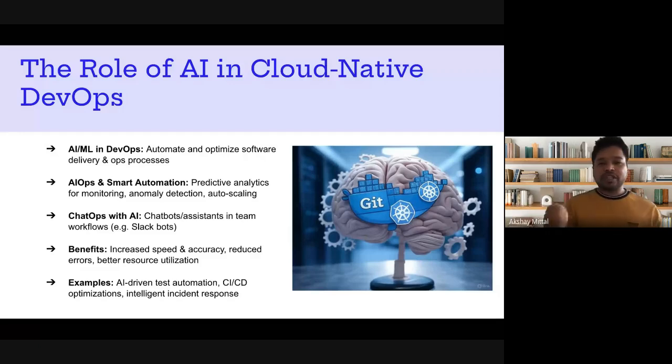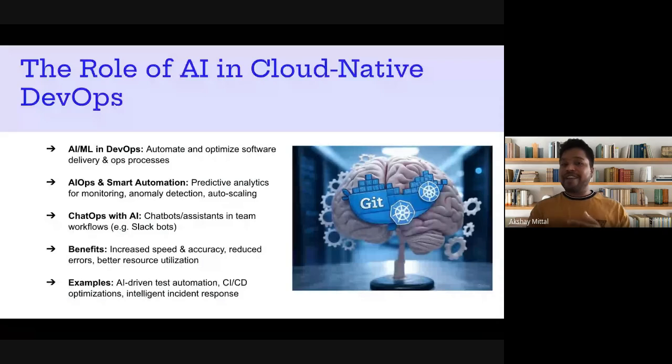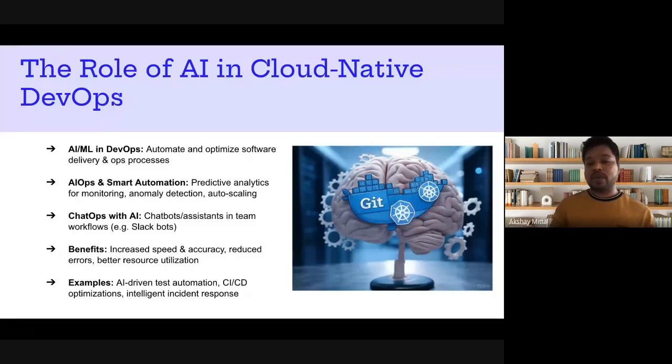If your feature is not even touching that test, you don't need to run it. So we can have AI-driven test automation: instead of running the whole test suite, you only run the tests which make sense for the change you made. That will save a lot of time in the CI/CD pipeline. And I'm just talking about one pipeline. Imagine you're working on 10 different projects. Likewise, those metrics keep adding up.